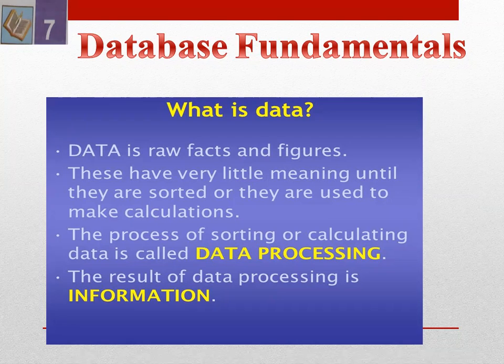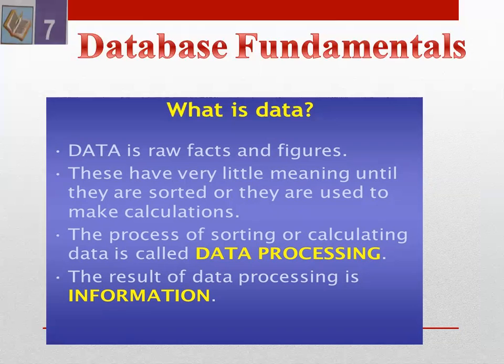So data refers to facts and figures in raw form. It is not in organized form. Data is the raw material given as input to the computer for processing. For example, the item code, description, quantity, and price of an item purchased in a store are data.